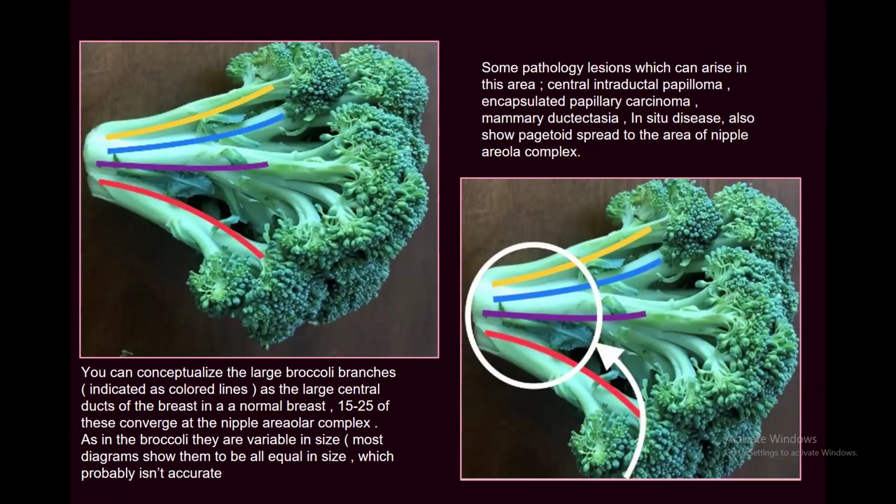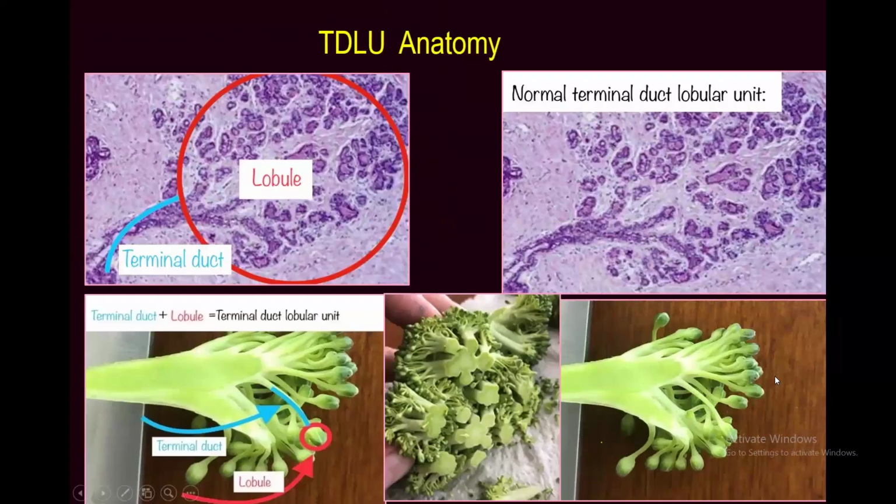We brought the broccoli, the ductal system simulates the broccoli, and here you can see these representing the main ducts or the major ducts, and these are the lobules. And as we mentioned, we have pathology arising here from these main ducts, but most of the pathology arising here.